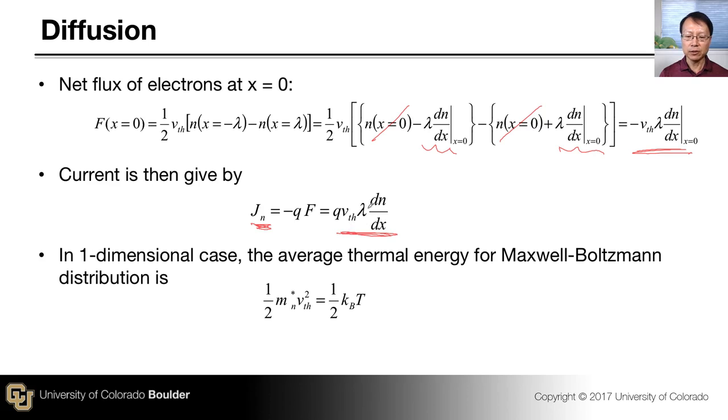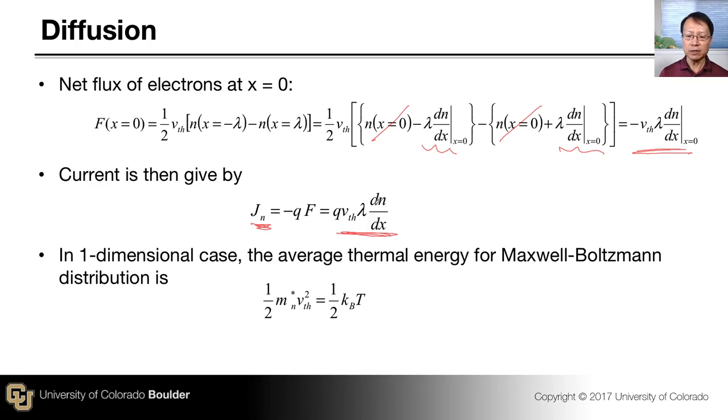Now we need to then eliminate the thermal velocity and the mean free path using the usual Maxwell-Boltzmann distribution. So the thermal velocity of an electron is related to the Maxwell-Boltzmann distribution. In this case, we're talking about the one-dimensional case, so the total thermal energy is 1/2 kBT. In the three-dimensional case, this will be 3/2 kBT.